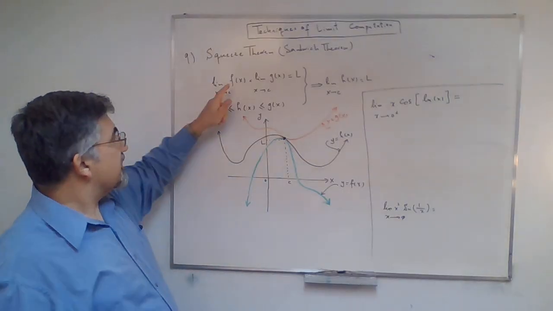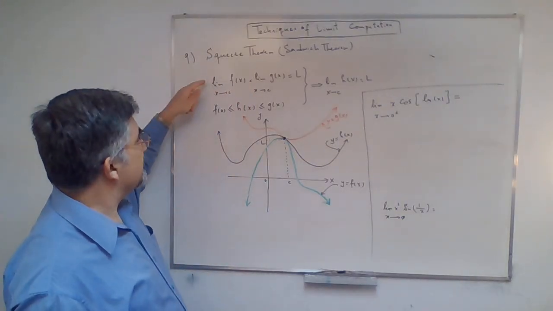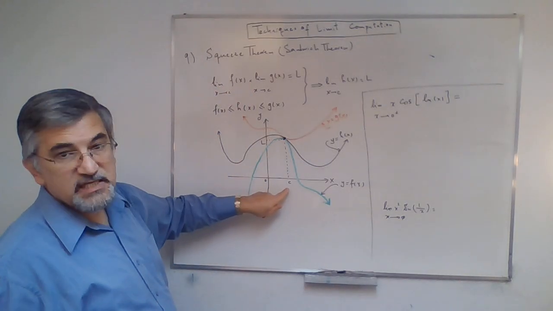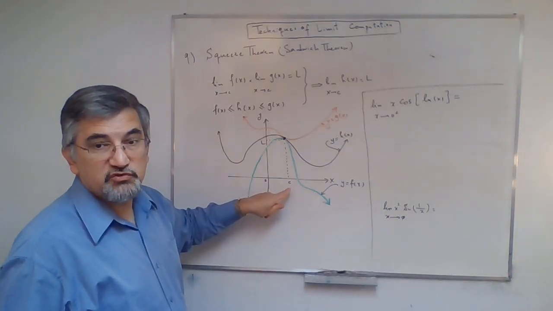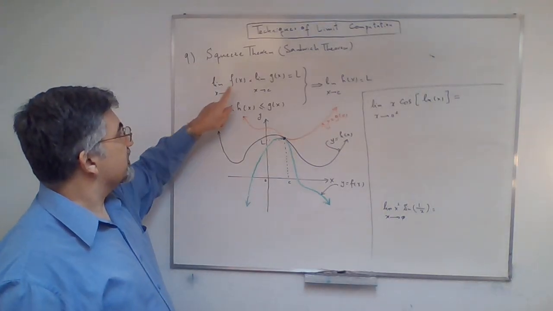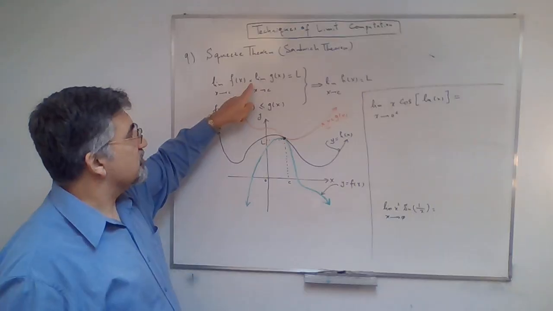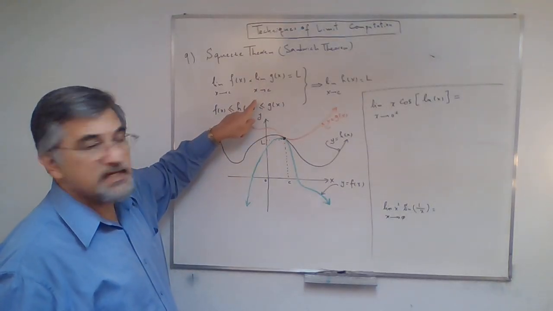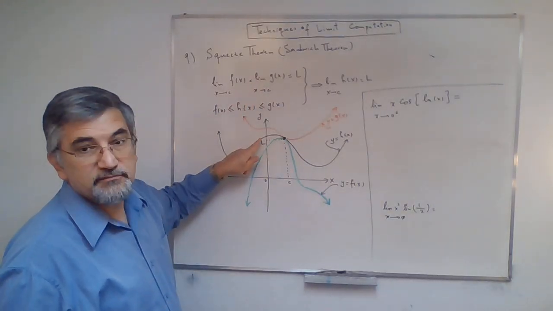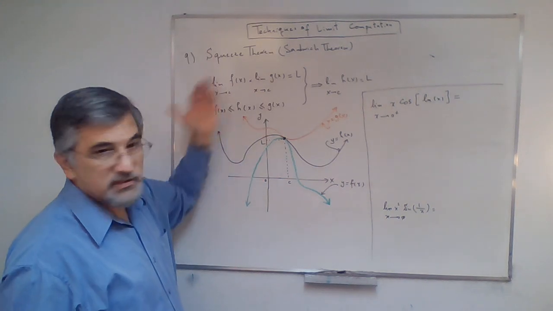All right. And also, we know that the limit of f of x when x approaches c, where c is the point that we are interested in, happens to be equal to the limit of g of x when x approaches c, and both of them are equal to L. So that is the assumption here.